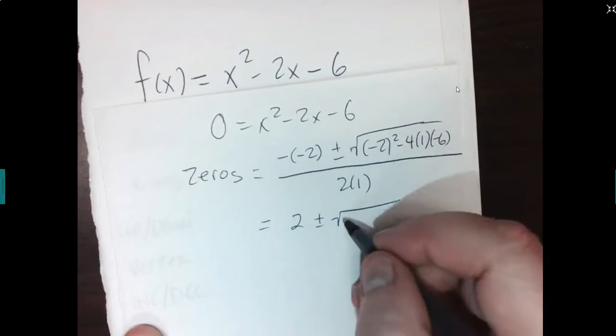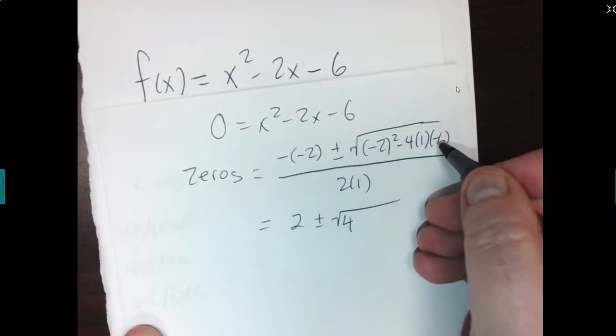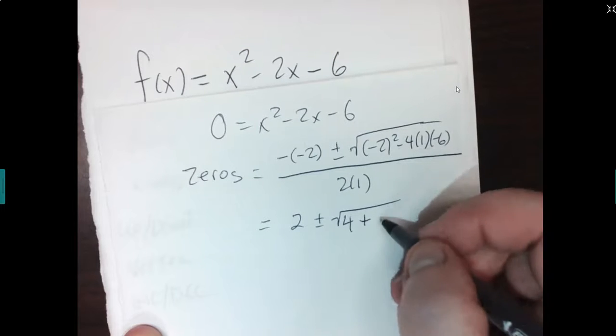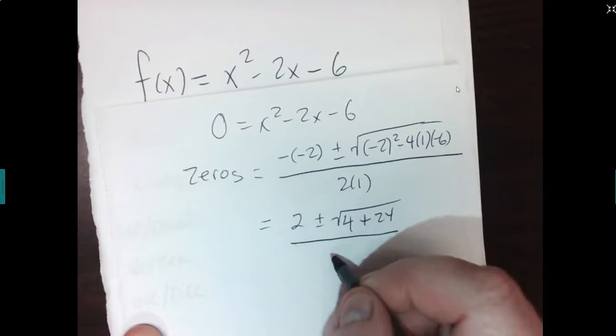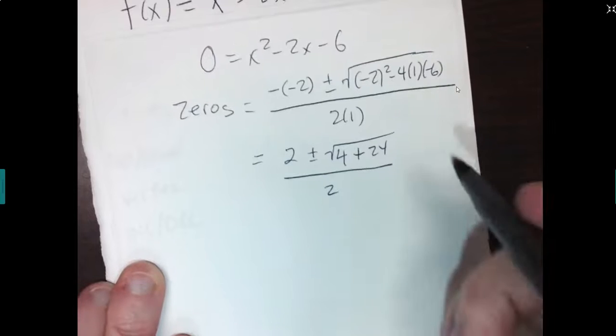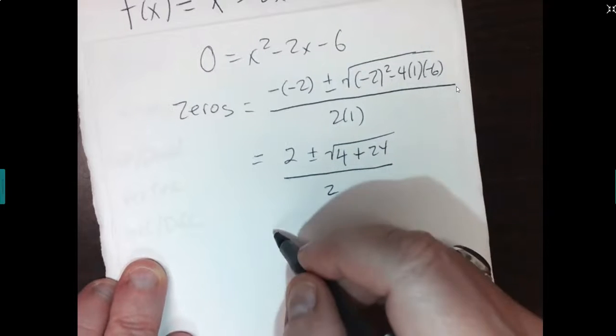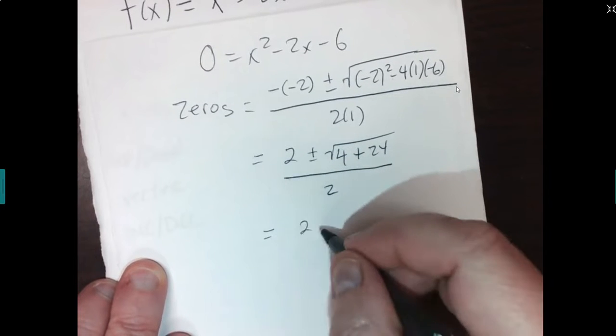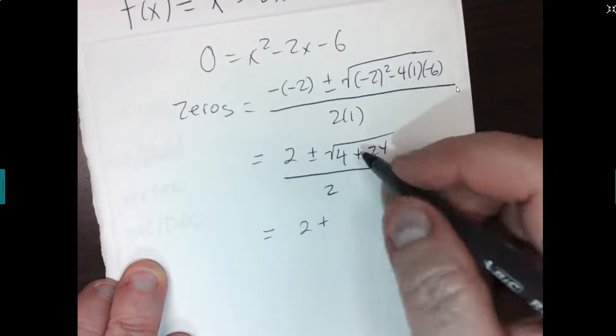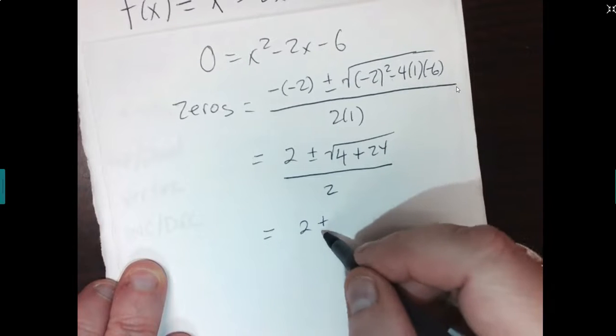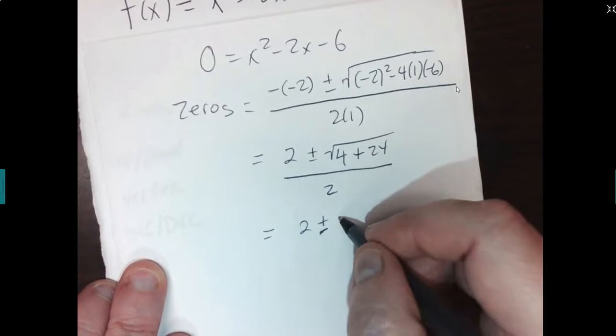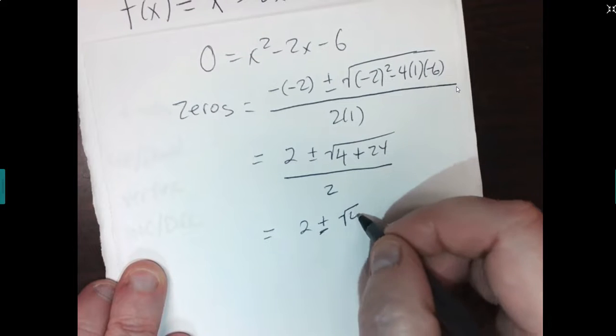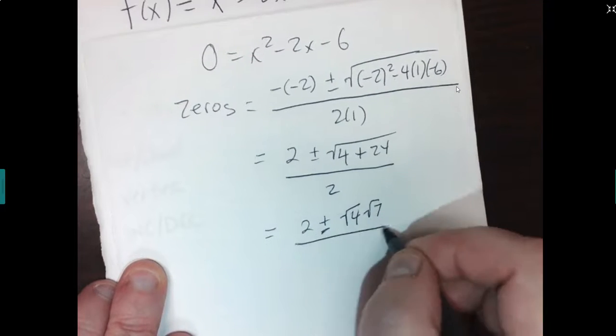So this is going to be giving me 4, and this is going to give me plus 24. Now, 24 plus 4 is 28. And the square root of 28 I can write as the square root of 4 times 7, which is the square root of 4 times the square root of 7.